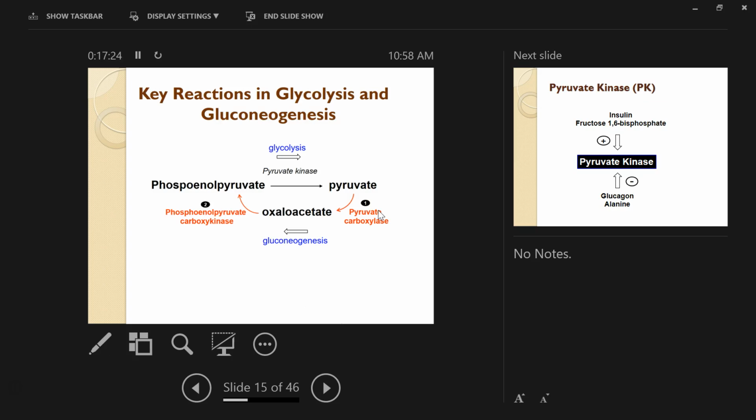Now the last pair of enzymes in glycolysis and gluconeogenesis: pyruvate kinase, and actually two key enzymes in gluconeogenesis, one pyruvate carboxylase and the other PEP-CK, phosphoenolpyruvate carboxykinase. Let's see how these three key enzymes regulate and can control glycolysis or gluconeogenesis.